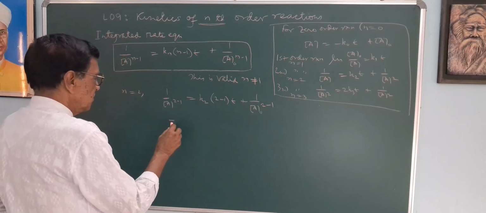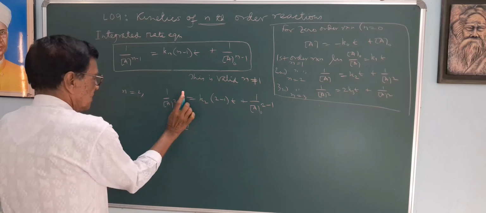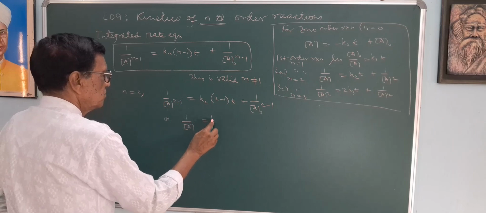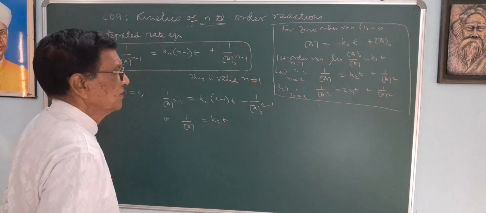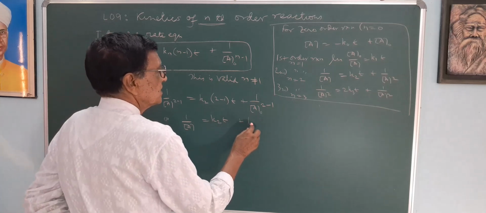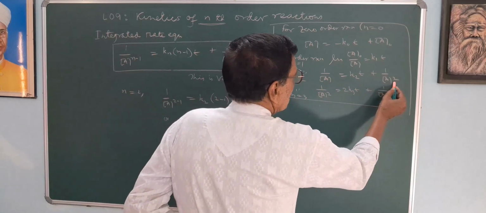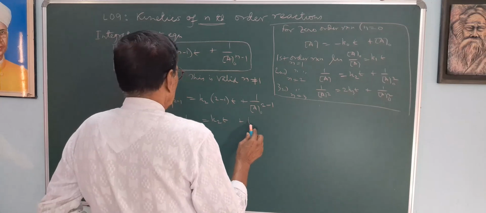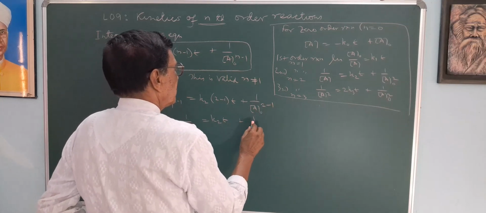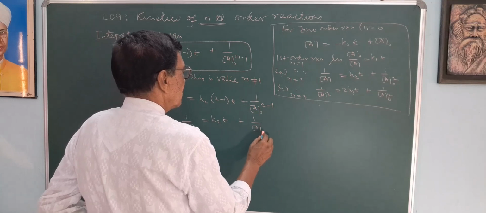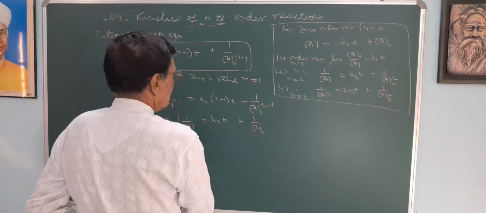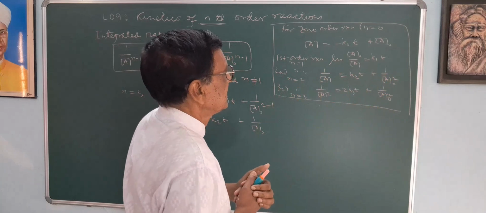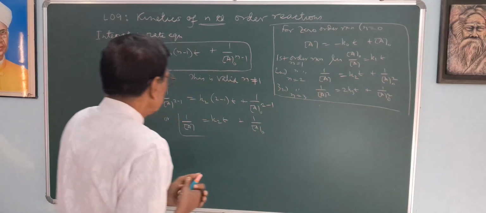So it will be 1 by concentration of A equal to K2T plus 1 by concentration of A0. This is the rate equation for the second order.